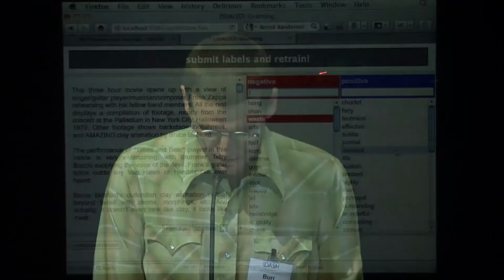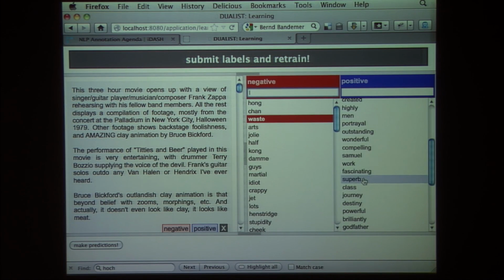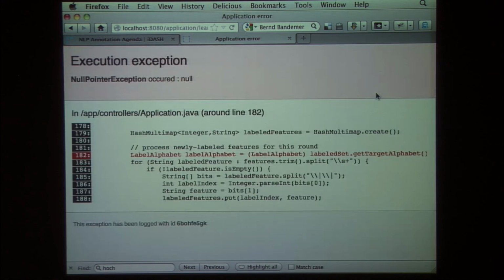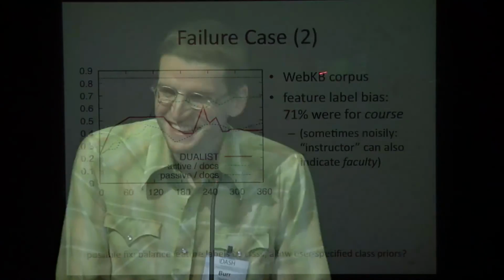For a lot of more interesting NLP tasks, that's not necessarily the case. So, for example, when we were walking through this example, wonderful. I wouldn't necessarily, off the top of my head, have thought of a lot of these positive words. And if we retrain, it'll keep asking us, and it may come up with things like Oscar, right?